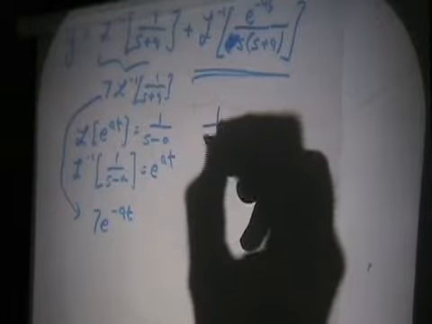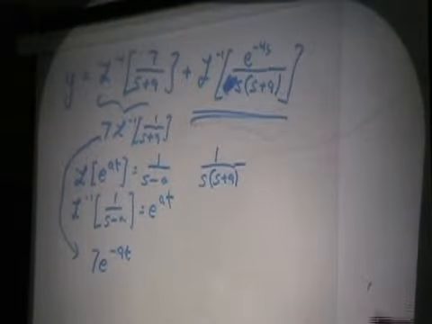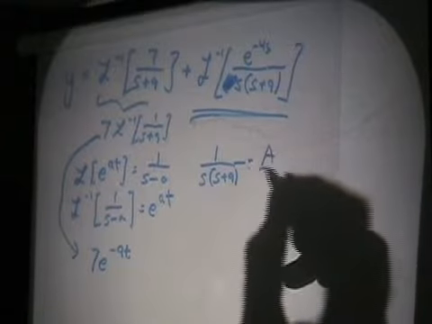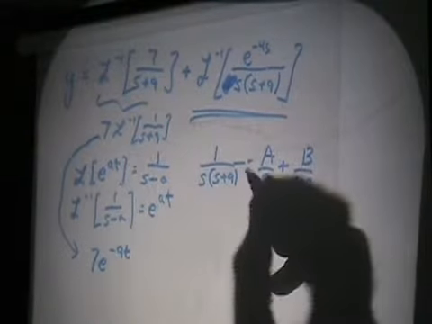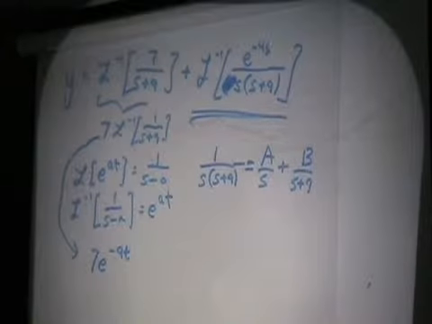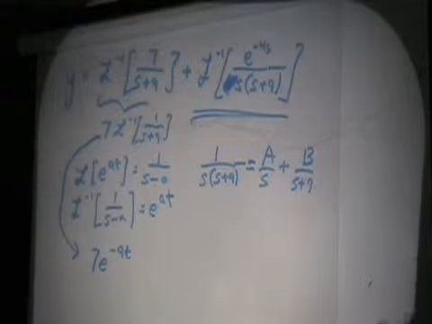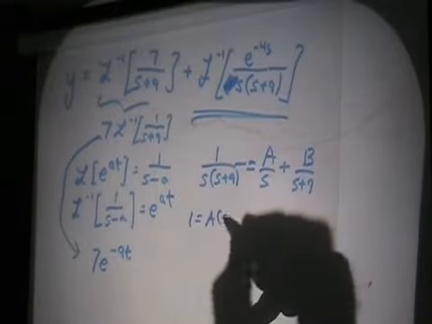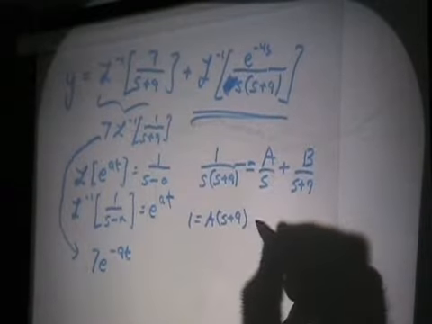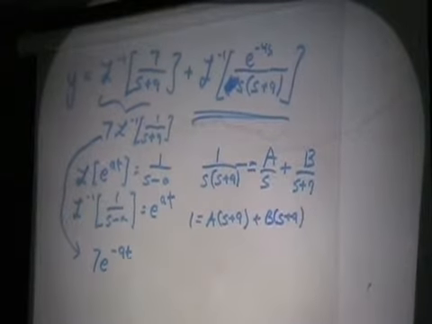Ignoring the e to the negative 4s, just focus on this part of the fraction. I'm looking for values of a and b that make that true. Equivalently, if I multiply both sides by s times s plus 9, make this true.